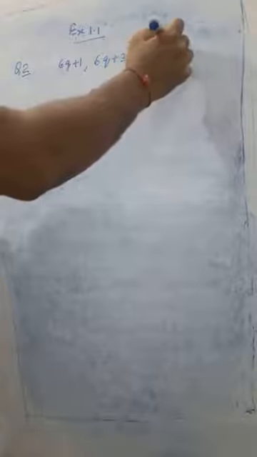Next question number second. This is very important question. Question number second, exercise 1.1. Show that any positive odd integer is of the form 6q plus 1, 6q plus 3, 6q plus 5.